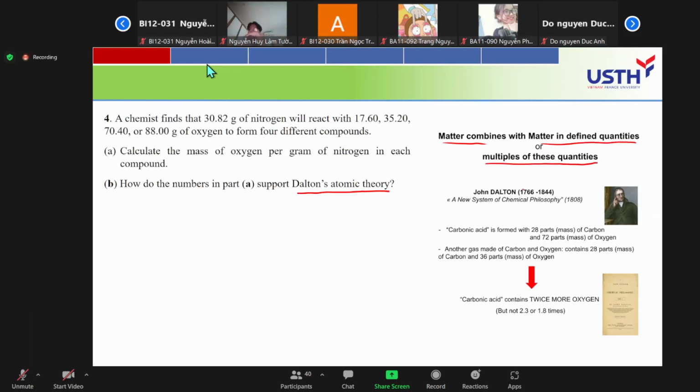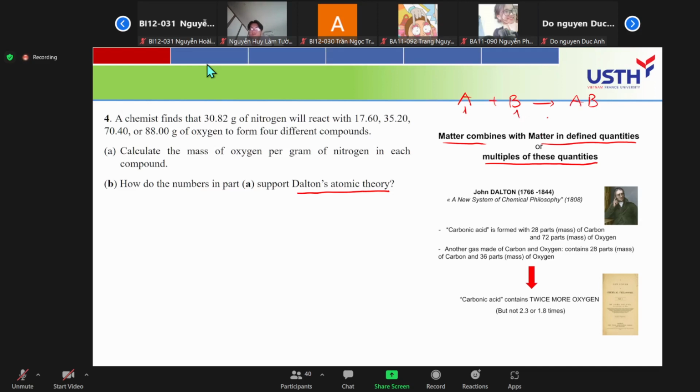It looks like you have matter A combined with matter B, so you will have one compound we call AB, for example. In the very first case, you will have 1 gram of A and 1 gram of B to form AB.